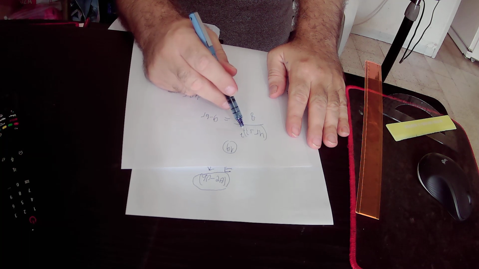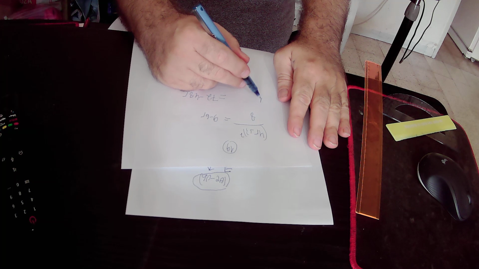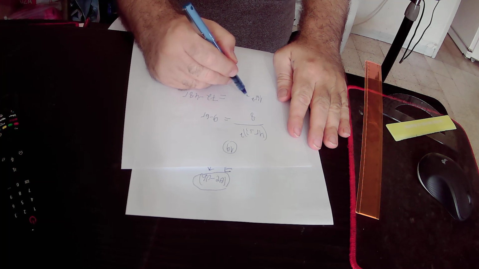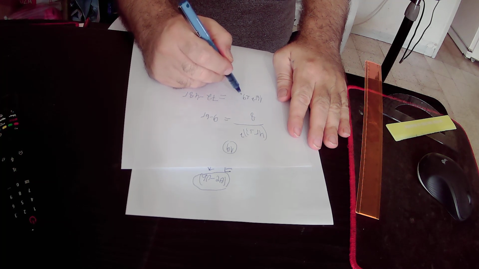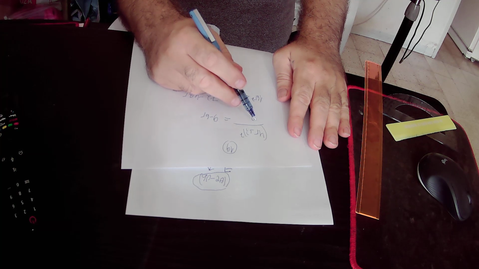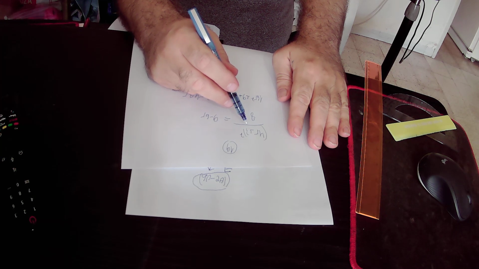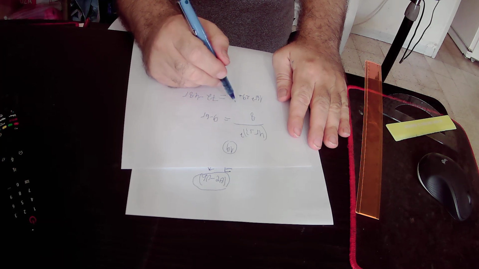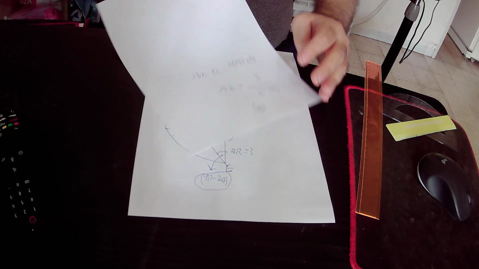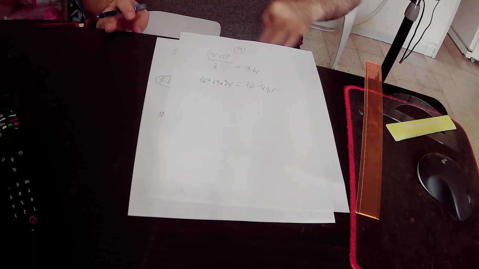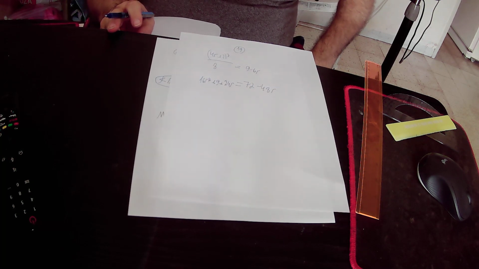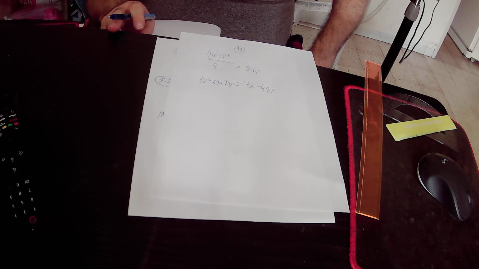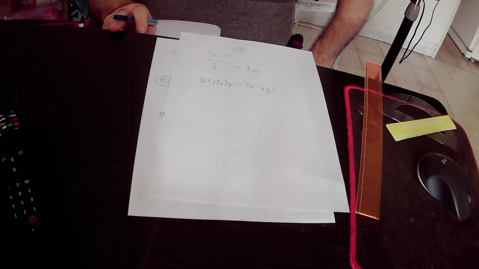It is 4r plus 3 squared is 16r squared plus 3 squared is 9 plus 2 times 4r times 3 is 12r, 12r times 2 is 24r. So in total we got that 16r squared plus 9 plus 24r equals 72 minus 48r.